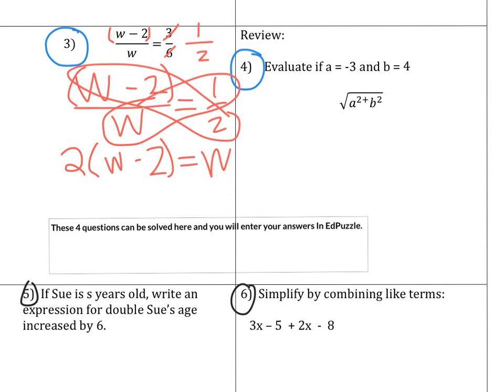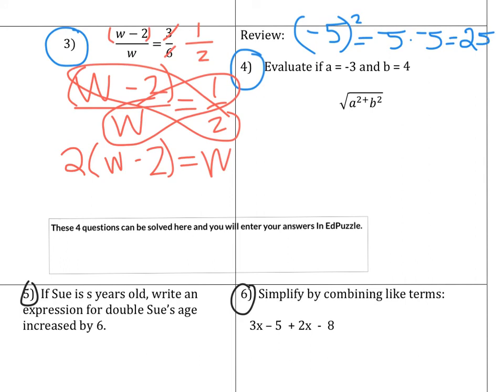Number 4. When you're evaluating, I'm going to do one little review up here. If I have negative 5 and I square that, remember that you're multiplying a negative 5 times a negative 5. So your answer will be positive.